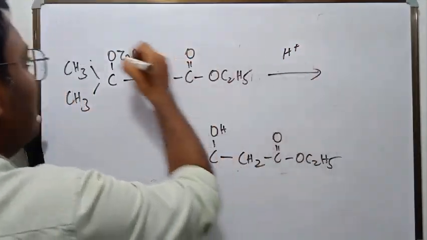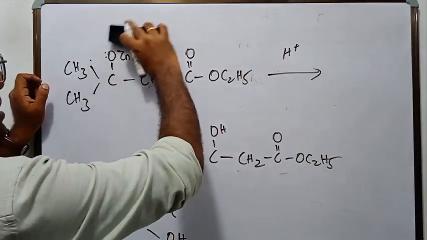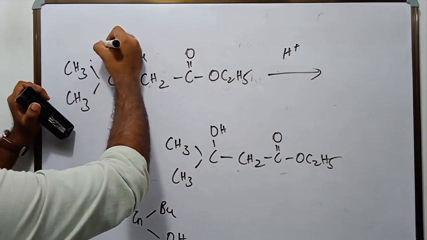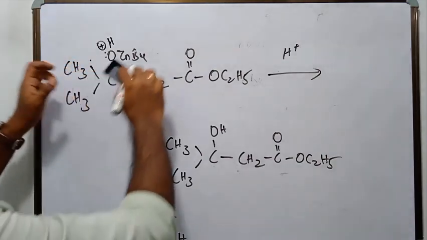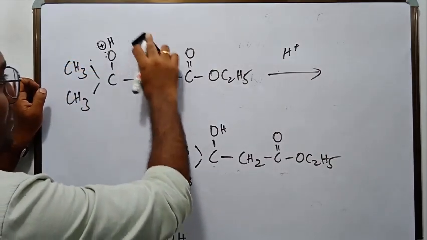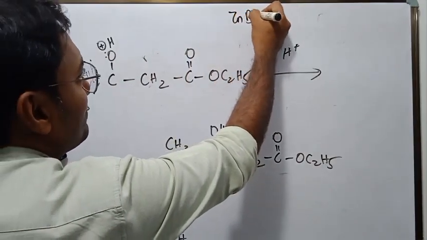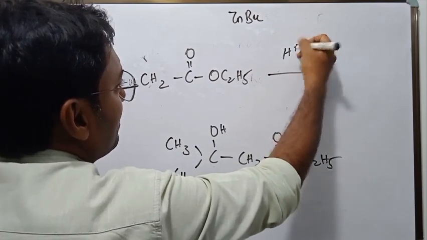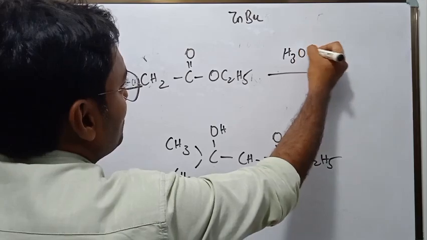There are two lone pairs of electrons, right? So one of the lone pairs of electrons is taken by H. So that would make the oxygen positive, right? To remove this positive charge, oxygen says goodbye to ZnBr, right? ZnBr goes away. Now actually this is carried out in H2O. So it is aqueous hydrolysis. So it becomes H3O plus.